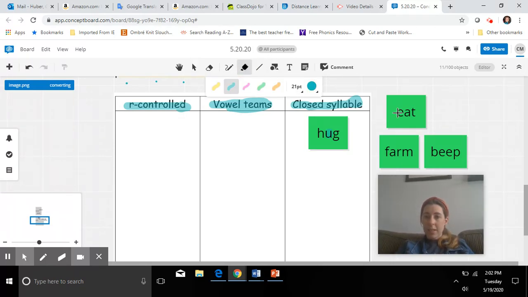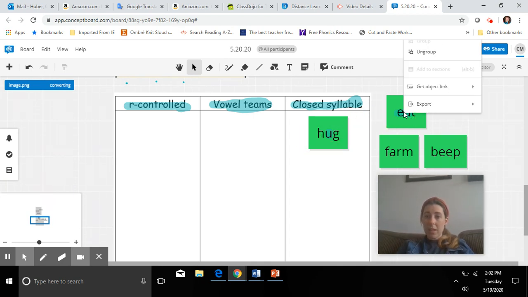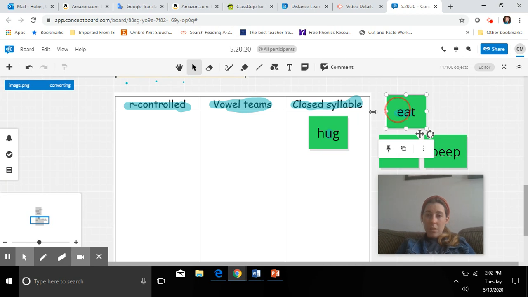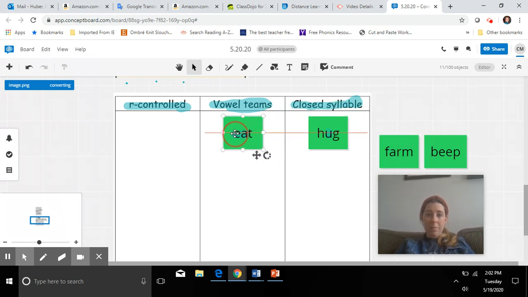I see letter E is a vowel, letter A is a vowel, and they're together. Yes, this is a word that has a vowel team. So I'm going to move it to this column. And at home, you can write these in the columns that you have made on your paper.